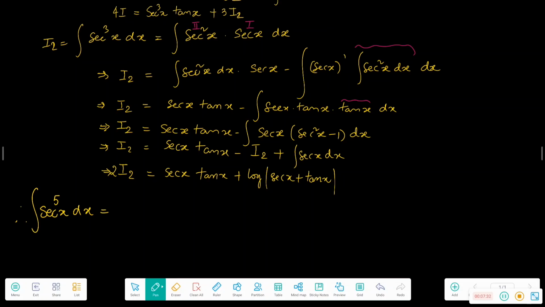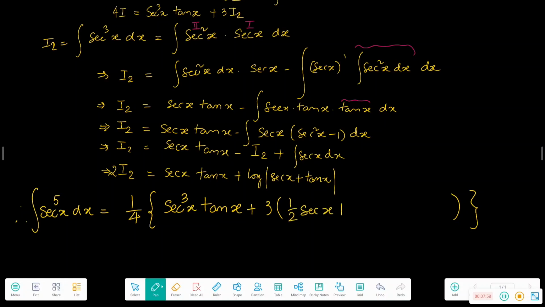Therefore, integral of secant to the power of 5x dx equals 1 by 4 into secant cube x tan x plus 3 into 1 by 2 secant x tan x plus 1 by 2 log of secant x plus tan x, absolute value of that. We can say mod also.